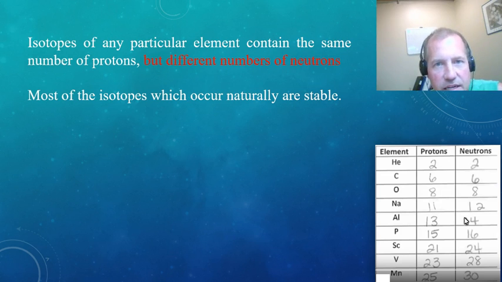All elements have isotopes. It's a particular element that has the same number of protons but a different number of neutrons. That's what an isotope is. And most of the isotopes which occur naturally are stable. It's when you get above atomic number 83 that you get the unstable nucleus.